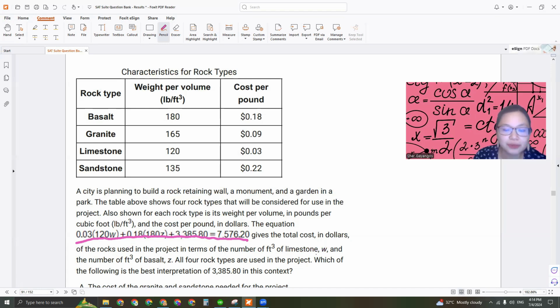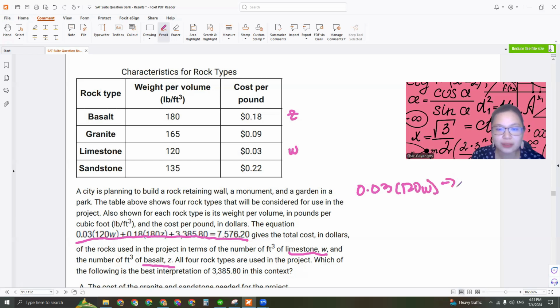of limestone, meaning limestone is W, I'll mark that here, and the number of basalt, Z, is this, right? So this part of the equation, 0.03 times 120W, that's the total cost of what? Limestone, right?